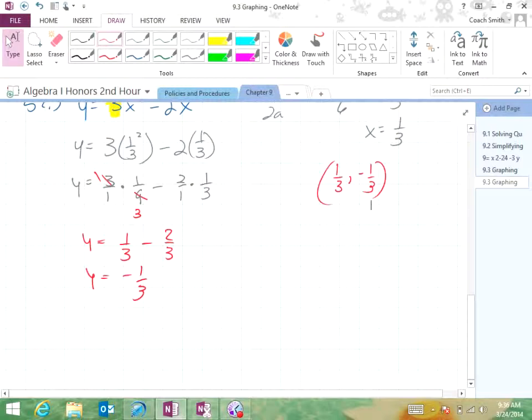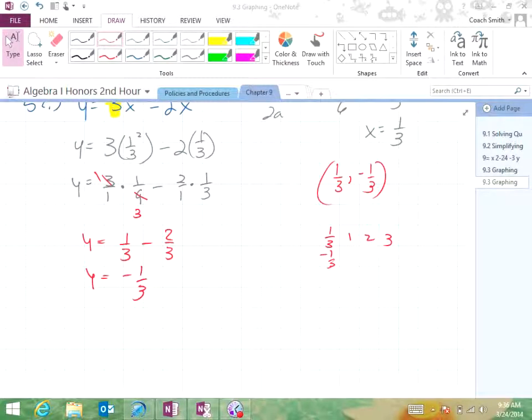Now, in your box, then, you're going to have 1/3 and -1/3. So we want to go 3 points to the right of 1/3, which gives us 1, 2, 3.